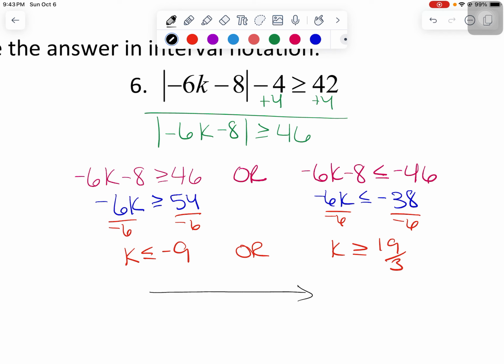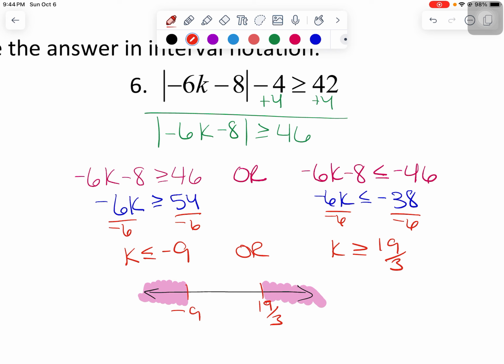All right, let's throw it on a number line, see what this thing looks like. So I need negative 9, I need 19 over 3. And because it's an OR graph, it actually doesn't matter. You're just going to look for any shading whatsoever. So k is less than or equal to negative 9, so from negative 9 I'm shading less than. k is greater than or equal to 19 over 3, I'm going to shade greater than.